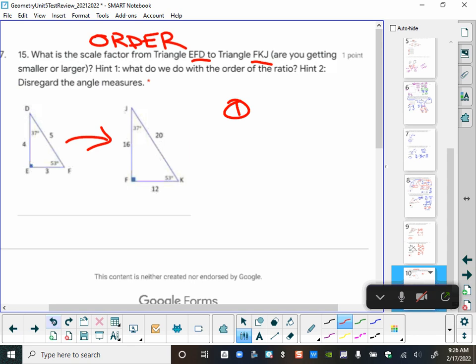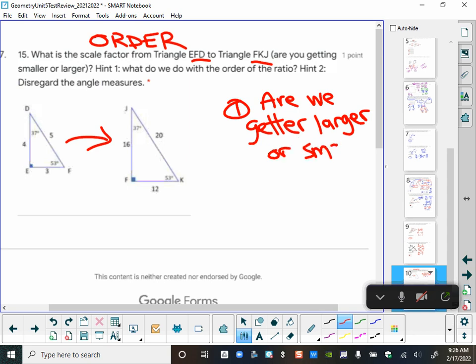We're getting larger. Actually, let me rephrase that question. So, are we getting larger or smaller? So, no, you were right, we're getting larger.